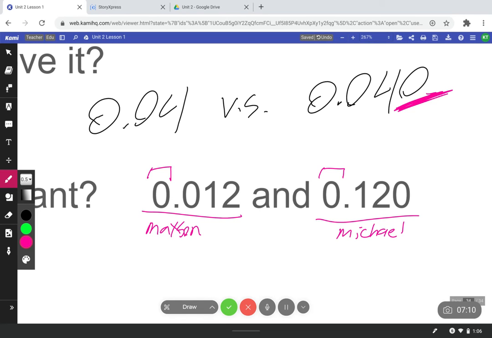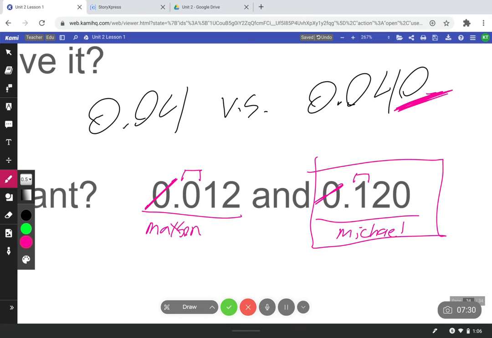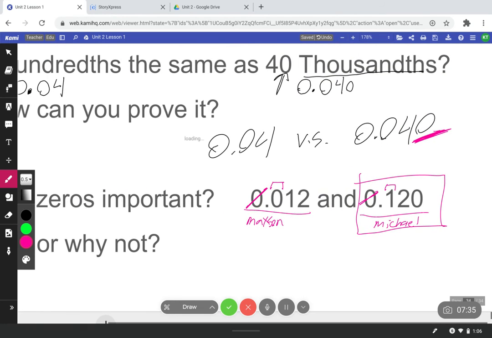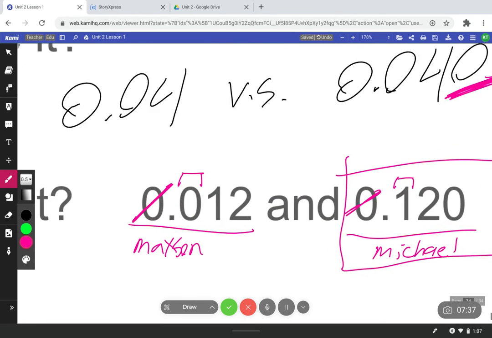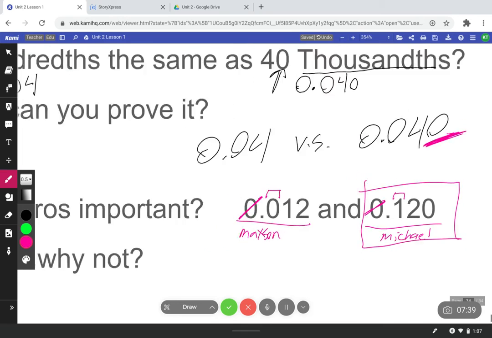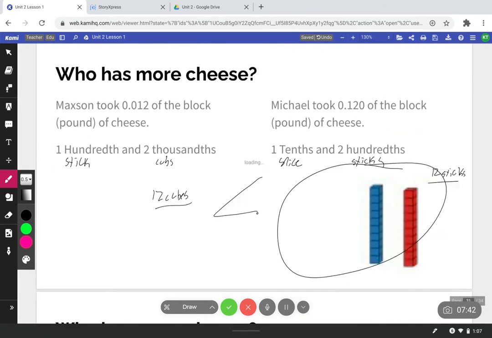Well, they both have 0 in the ones spot. So it's a tie. Next, we go to the tenths. So who has the greatest tenths? Maxon has a 0, Michael has a 1. 1 is greater than 0, so Michael wins. That's one way we can compare who has the bigger value.